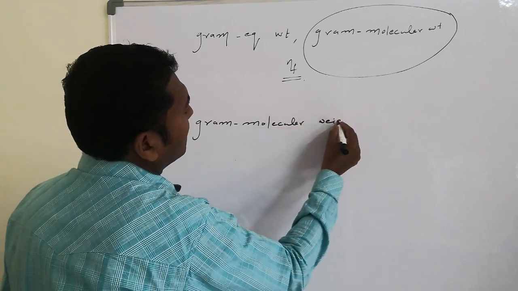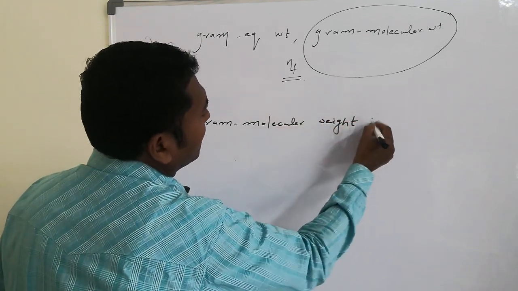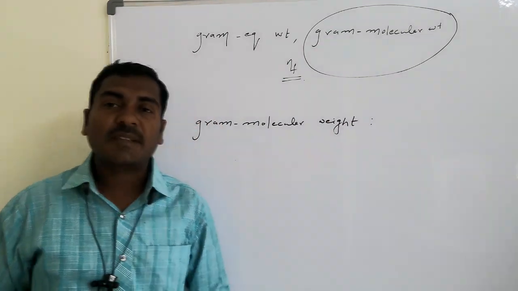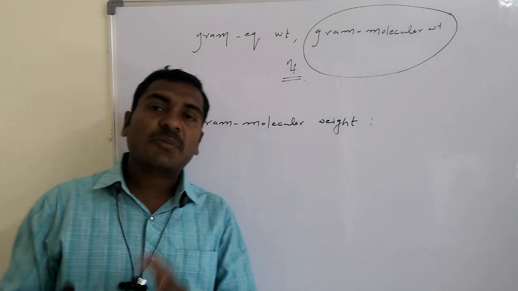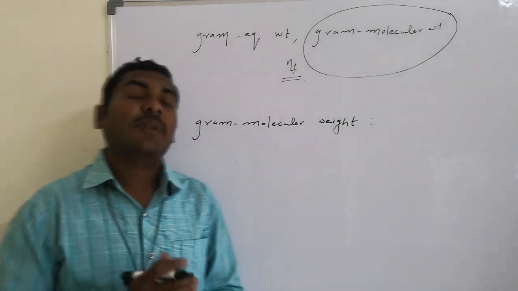Gram molecular weight is the weight of a substance calculated in grams, which is associated with Avogadro number of molecules.